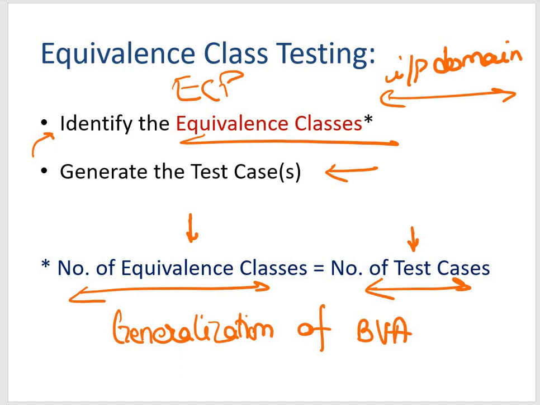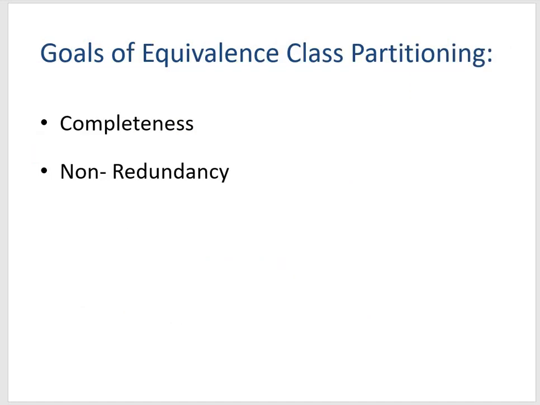Right. So equivalence class testing, which you can also call ECP, equivalence class partitioning, is where we group and partition the test input data. That is done based on the number of different classes, and classes will be from the input domain and would be based on similar kinds of input values.